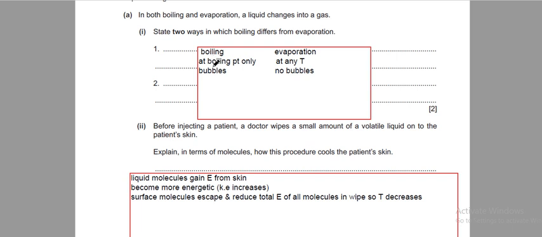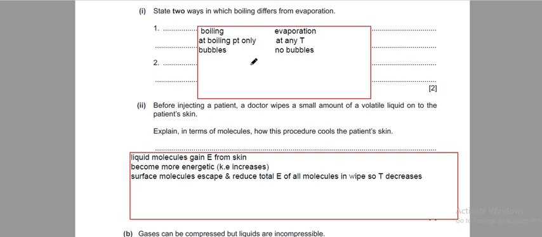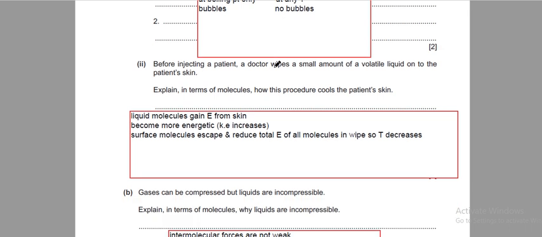Boiling only at boiling point, evaporation at any temperature. Boiling has bubbles, evaporation hasn't bubbles. You can say also that boiling occurs at any point in the liquid, while evaporation is from the surface only, and any other differences.